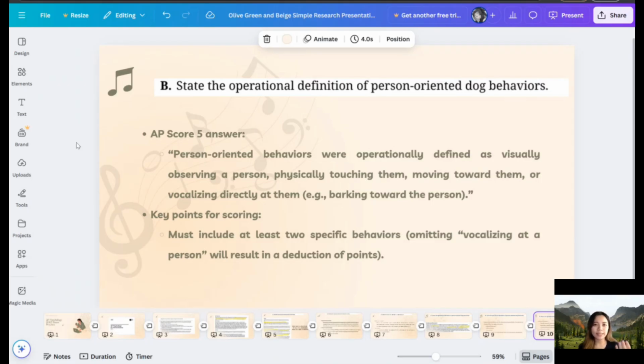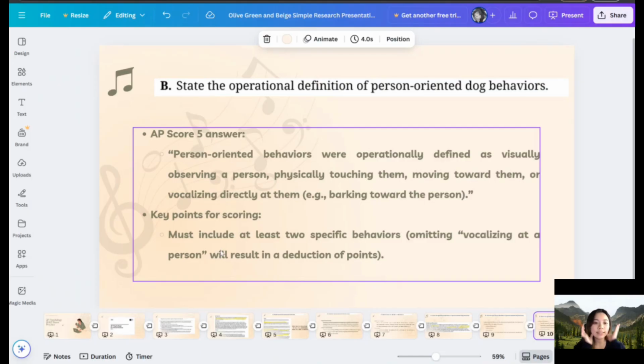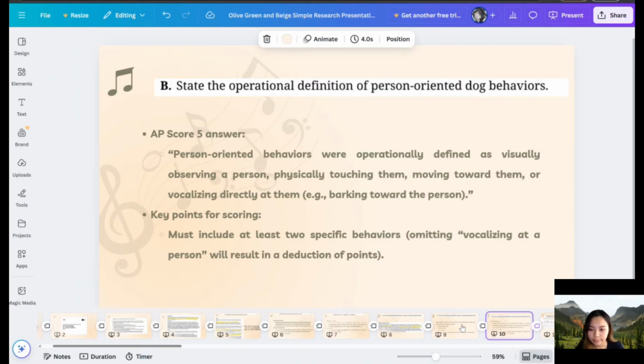You cannot really copy and paste every single thing stated in the task. I mean, you could, but there's a possibility that you might get a 4 on that FRQ. A better way is to state it in your own words, with the same meaning. The key point for scoring is you must include at least 2 specific behaviors already stated in the text.